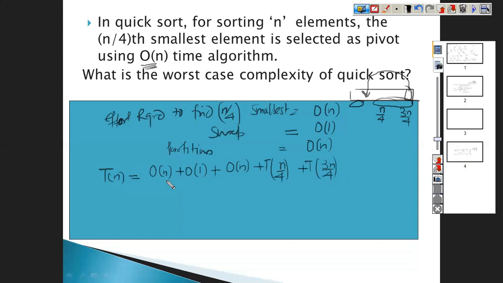Now we have to simplify it. This is nothing but big O of n, and this is a ratio. We have discussed that any ratio, and we have already discussed the example of 1:9, so this cost you can write directly as n log n, because we have already proved it. So T of n consists of big O of n plus big O of n log n, which is nothing but big O of n log n.